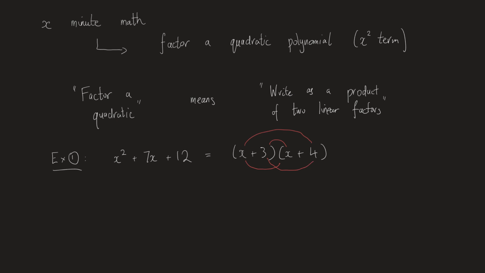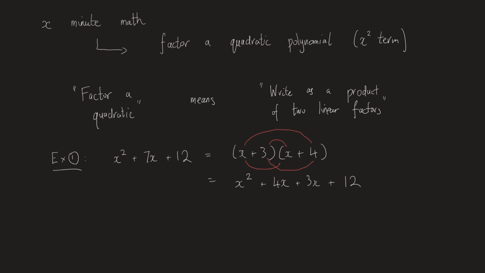And when I do these products, I'll get x squared plus 4x plus 3x plus 3 times 4, that's 12. So that's really nice. We know this is the correct factorization of that quadratic polynomial. So we've managed to reduce our quadratic to the simpler form of two linear terms multiplying together. But of course here we didn't really do anything other than check that this was the correct factorization.